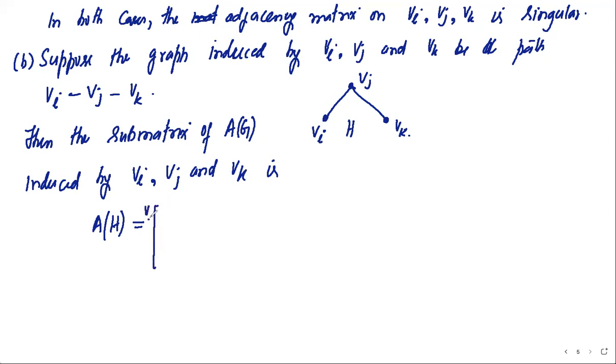So this is Vi, Vj, and Vk for the rows, and Vi, Vj, and Vk for the columns.